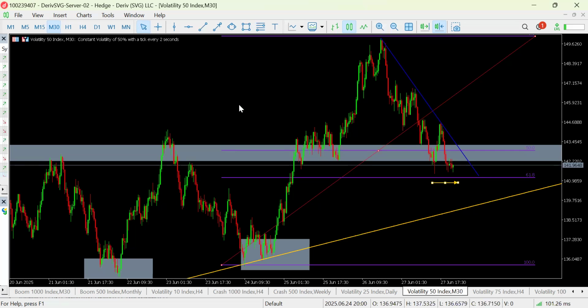I'm not going to be stretching the video. This is the analysis that I'll be dropping for the weekend. This is a very viable trading opportunity. If you come across this, watch closely on the break and retest of this trend line, stack your trades, and then you'll be able to testify of making profit this weekend.